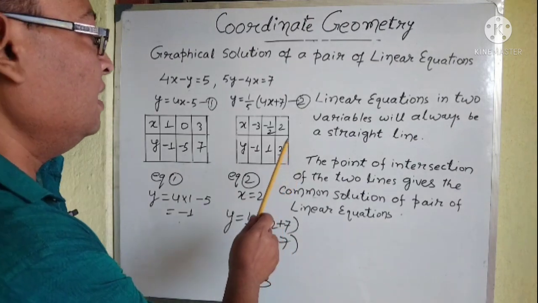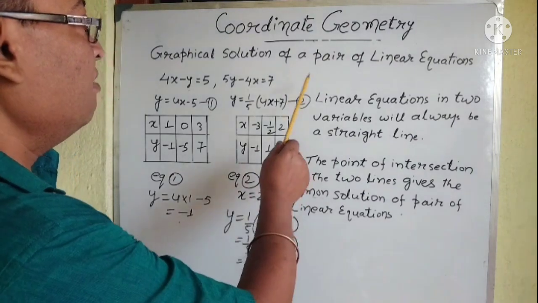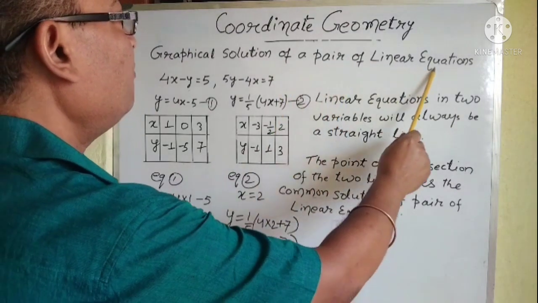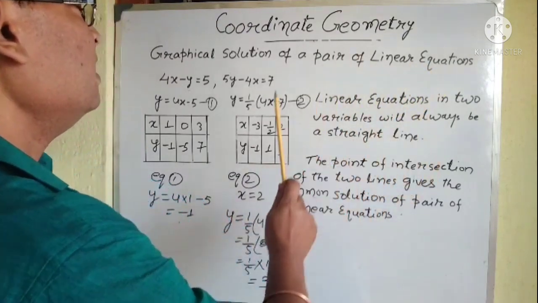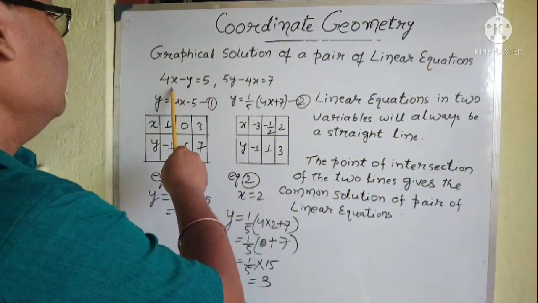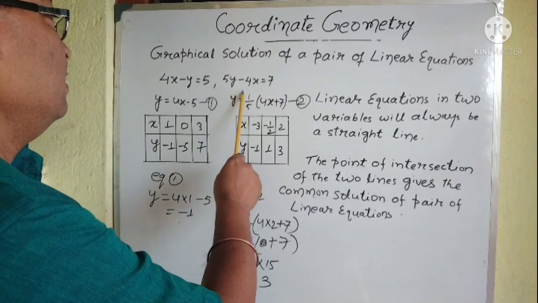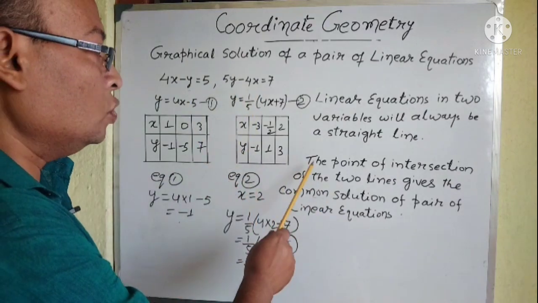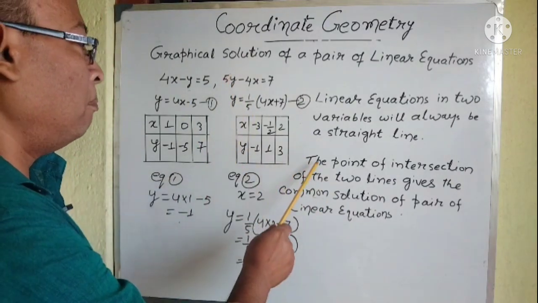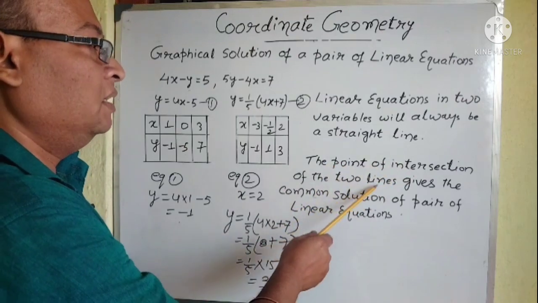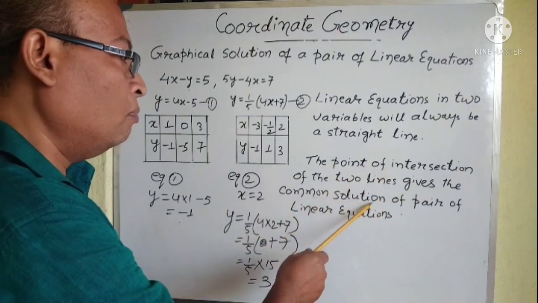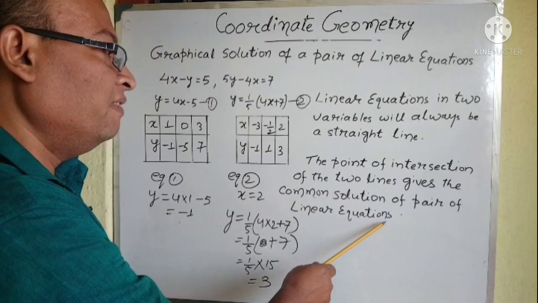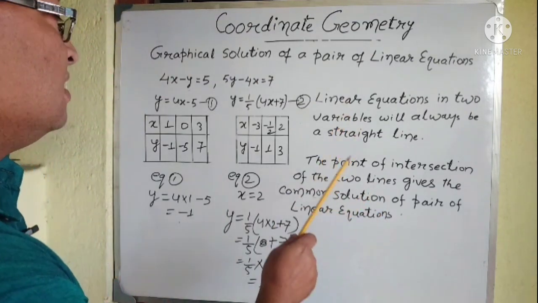Okay. Now the other point is that whenever you are considering a pair of linear equations, this is one equation, this is another equation. So the point of intersection of the two lines gives the common solution of a pair of linear equations. What does it mean?